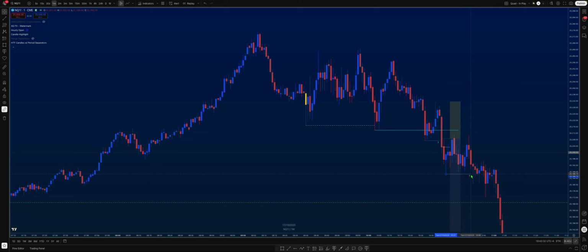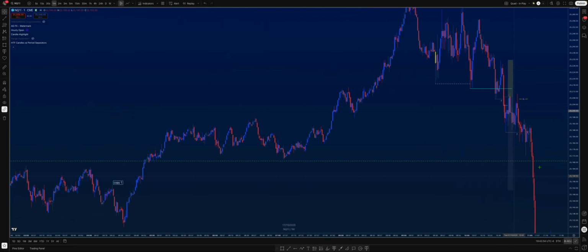And as soon as we break this low, this is where you want to manage your risk, to make sure that if it does reverse, you're not going to get taken out. And so at this point, your stop would be brought down to break even. So your stop will be down here. And as you can see, it never got hit. And we continue just selling off and rolling over.